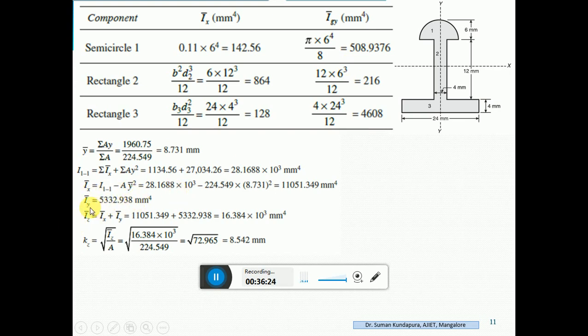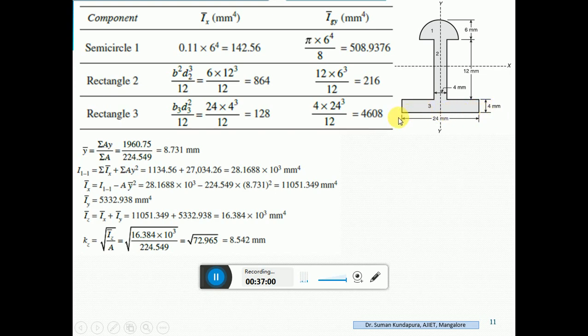So directly you get the summation of all Igy's, which will give you Iy bar directly, because it is symmetrical about the y-axis. Whereas for Ix bar, find the summation of Ix bar, which is 1134.56 when you add these three, plus summation ay squared, which will give you the moment of inertia about the axis 1 here.